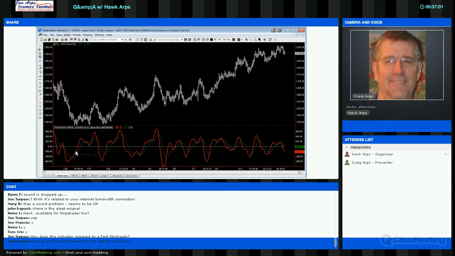And the way it tells us that is with this two-line oscillator. The fast line is the main line, the red line. It's centered on 0. So we see acceleration when it's above 0 and deceleration when it's below 0, and we use this in a lot of different ways.